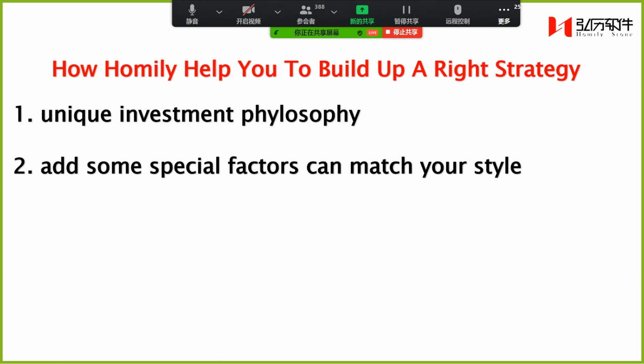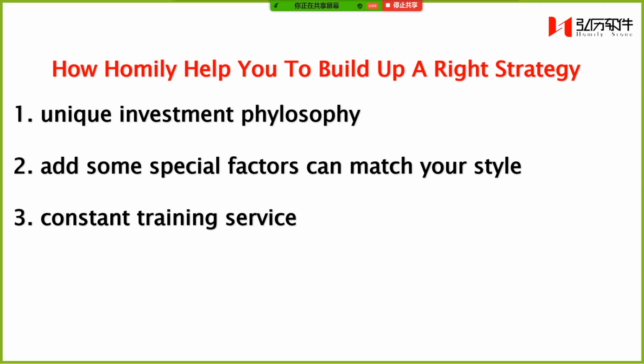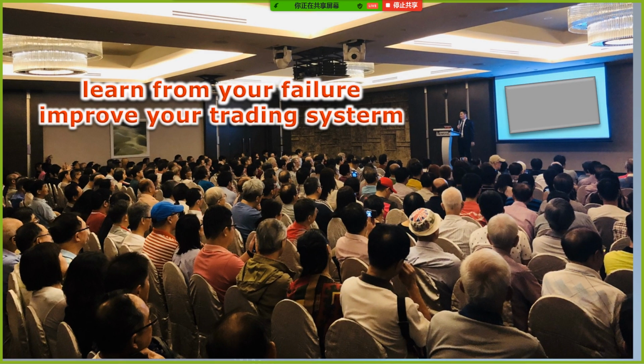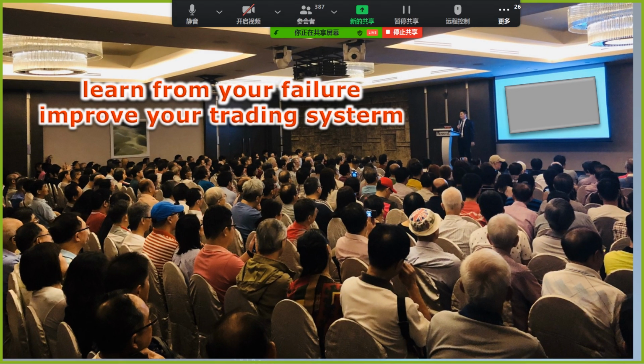Number two, you can add some special factors that match your style. Number three, try to learn in the future. Never stop learning in our training service, because we provide the training service every day. Then why can you improve?